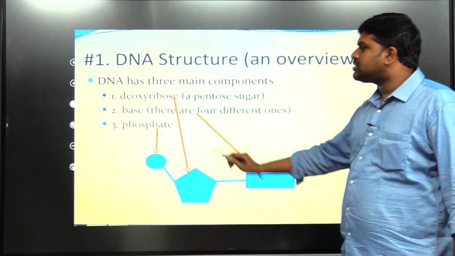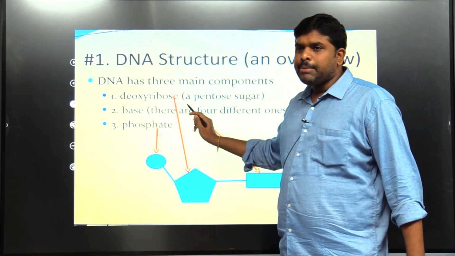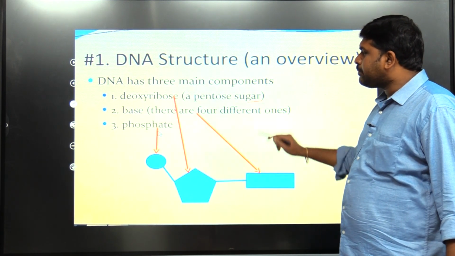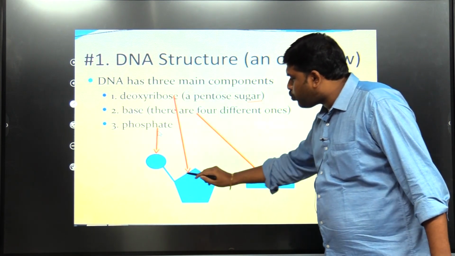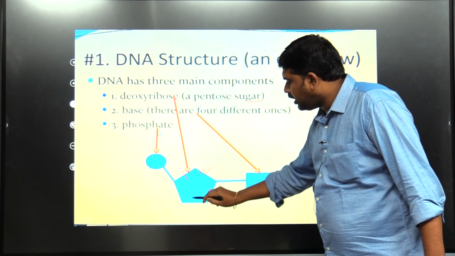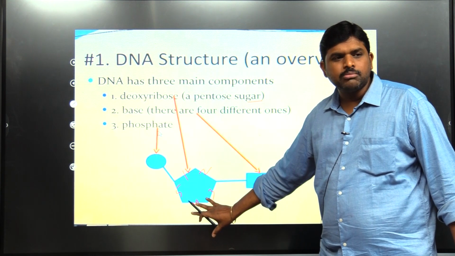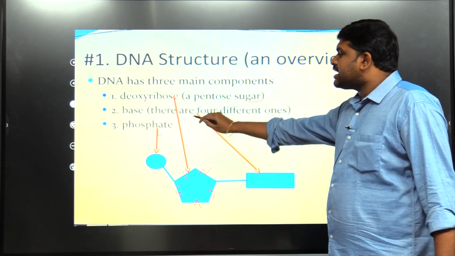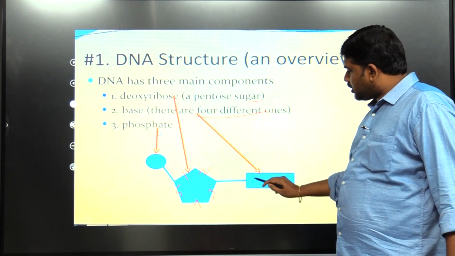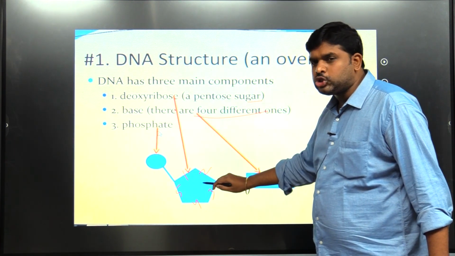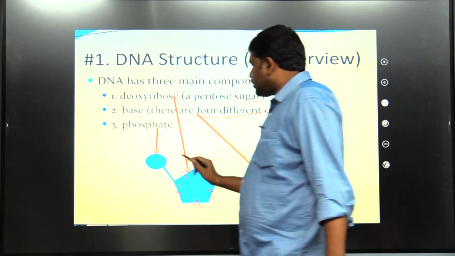DNA has three components: deoxyribose, a pentose sugar molecule. Pentose means five: 1, 2, 3, 4, 5. So a five-carbon pentose sugar molecule is connected to a nitrogenous base, and to a phosphate.